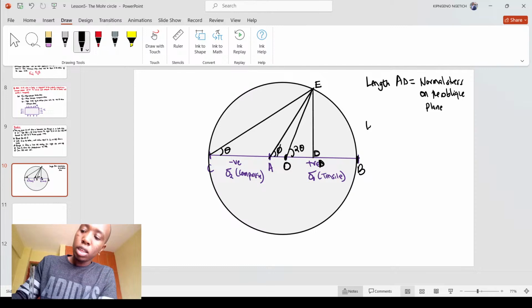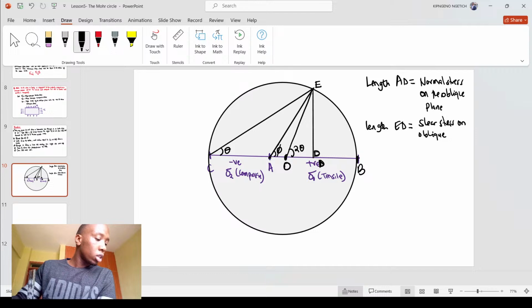The length ED is the shear stress on the oblique plane.